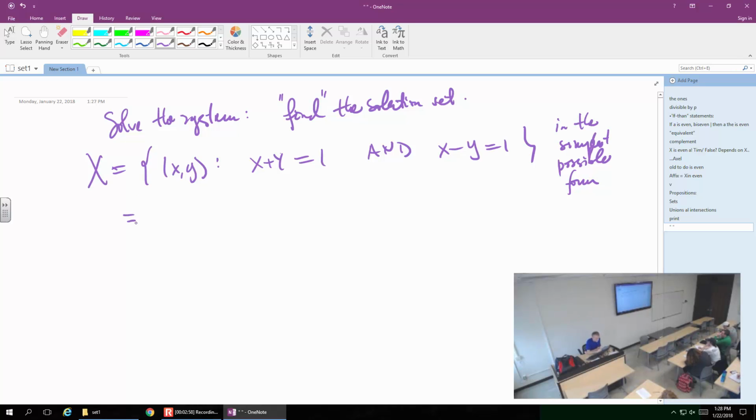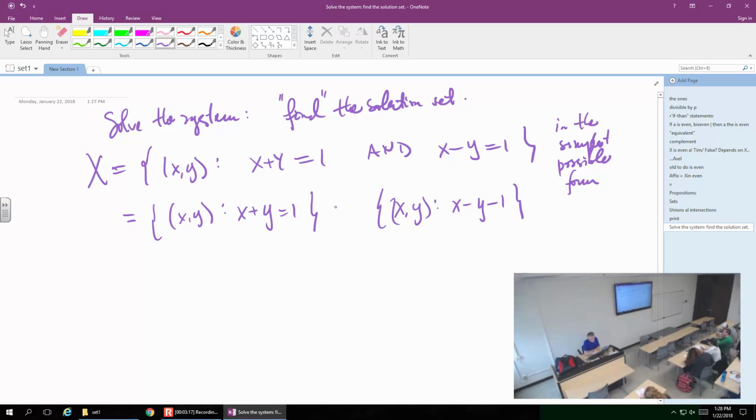So if I try to do the algebra and just ignore the illustrations to begin with, then what I'm talking about is x, y. I can split it, right? x plus y is equal to 1, and x, y such that x minus y is equal to 1.